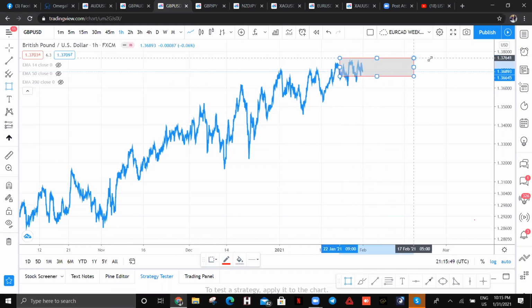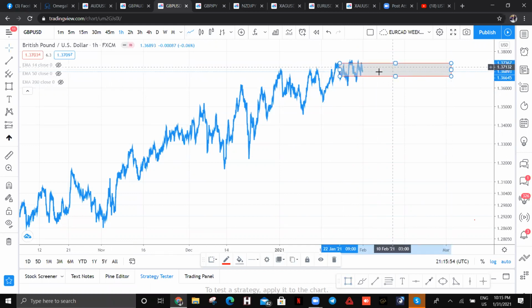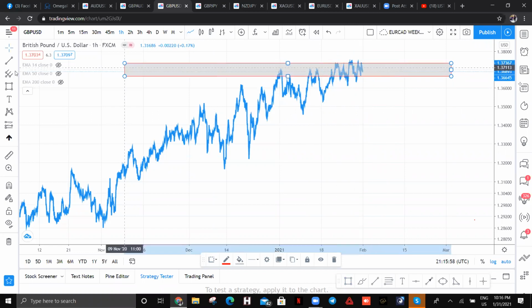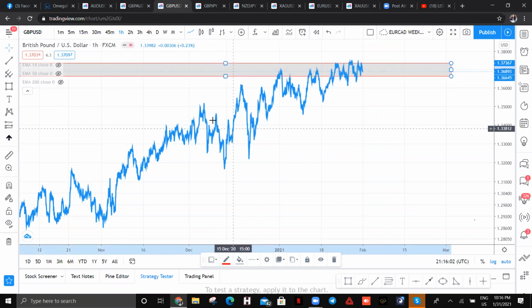This one to this. That is from here to here. That's the most recent pullback. Another pullback here will pick from this place to this place, because that's the most visible one you're seeing.